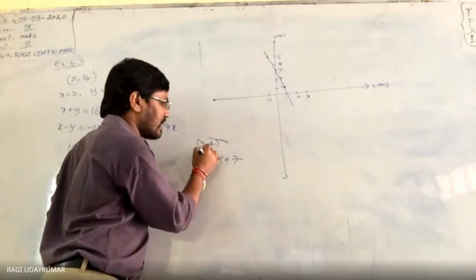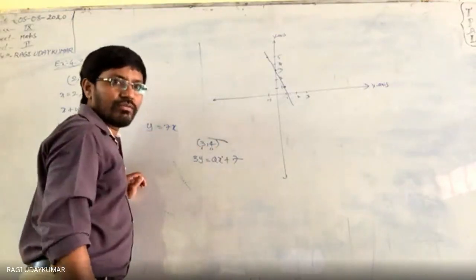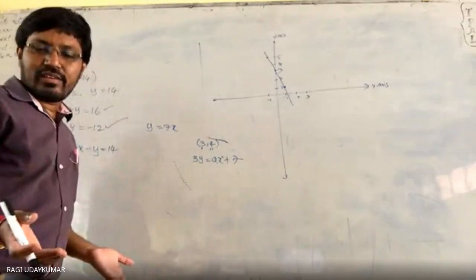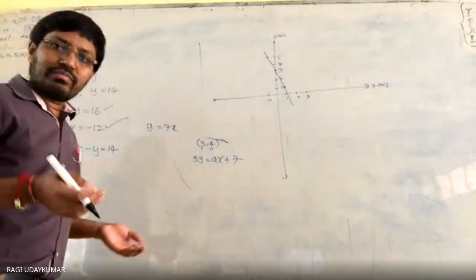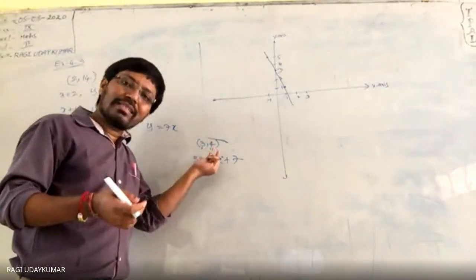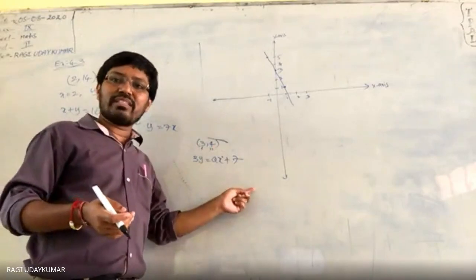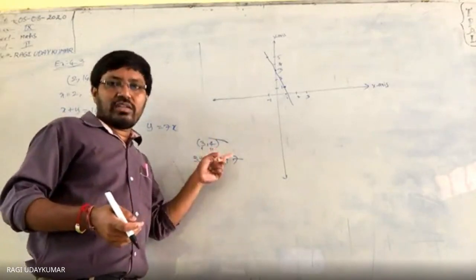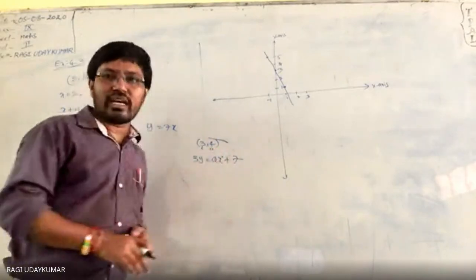Okay. Yes, sir. If the point (3, 4) lies on the graph of the equation 3y = ax + 7, so x equal to 3, y equal to 4. Find the value of a. Substitute करना है. Because this point lies on the graph of this one, means it is a solution. ये solution होगा तो इसमें substitute करना है.